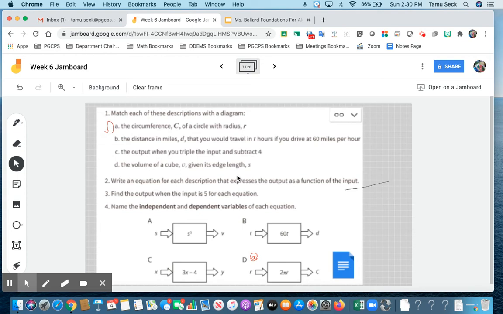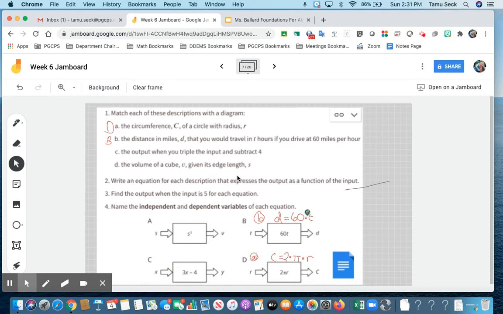The formula is circumference is 2 times pi times the radius. B, the distance in miles, D, that you would travel in T hours if you drive 60 miles per hour. So this B matches with B. So this would be D is equal to 60 times T.